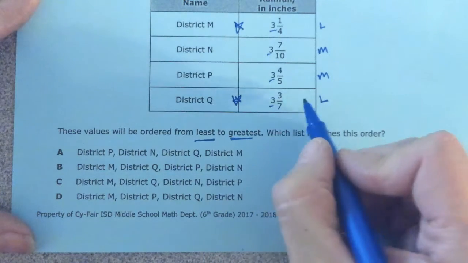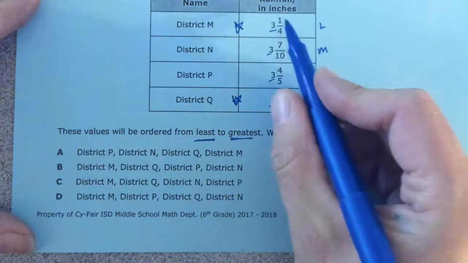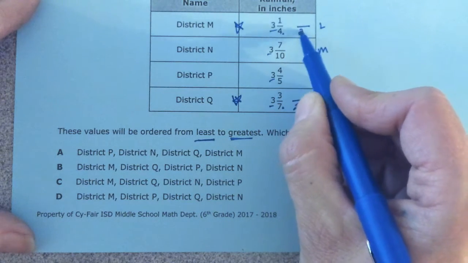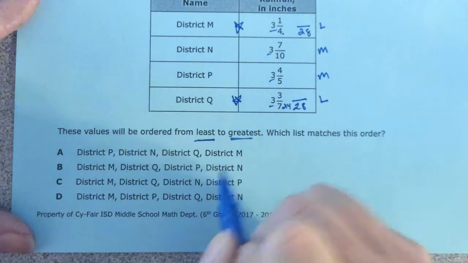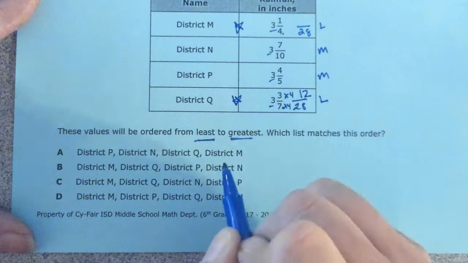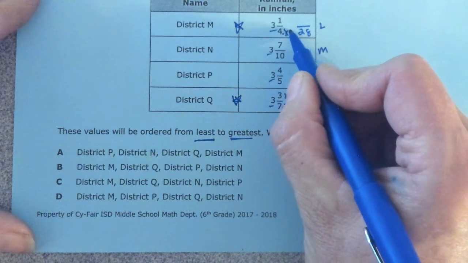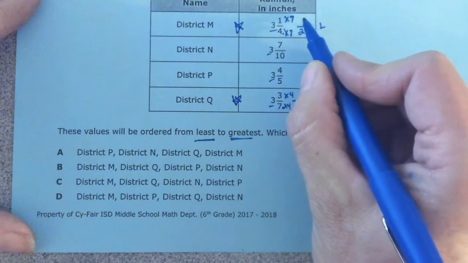Well, let's find a common denominator. I'm going to build it to 28 because 7 times 4 is 28. So if I take 7 times 4 to get 28, I have to do 3 times 4, which is 12. 4 times 7 is 28, so I have to do the same to the top. 1 times 7 is 7.